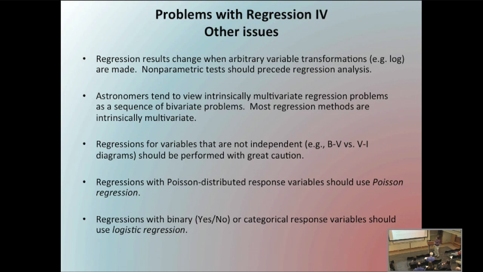Watch out if your regression results change when you arbitrarily change your variable units from kilometers to seconds to centimeters per second, or when you take a log or you don't take a log. You don't want your science to depend on arbitrary choices you made in your methodology.